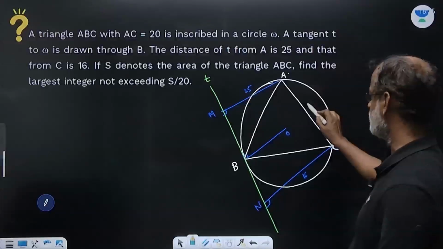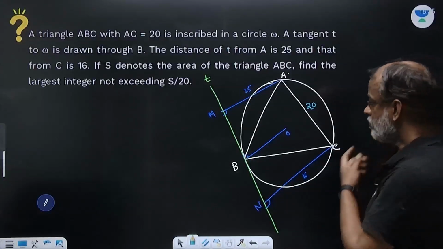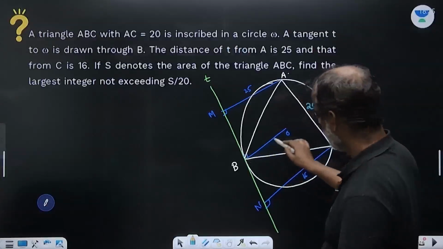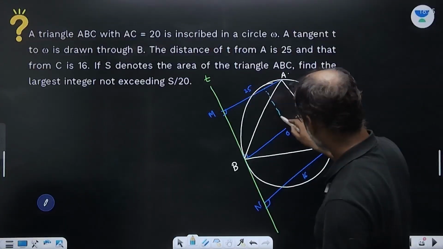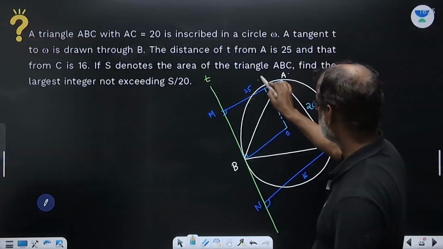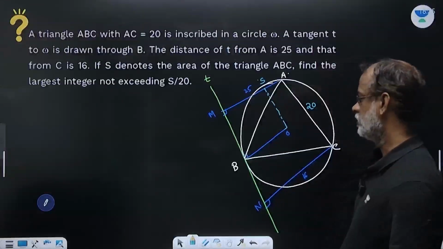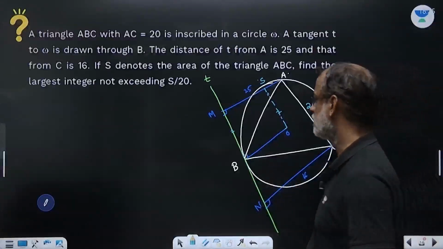One of the sides is known to us, 20. Now, if you look at it very carefully, these are perpendicular. So whatever is the length of perpendicular from O to AC, say S, these two are going to be equal. This is a rectangle.